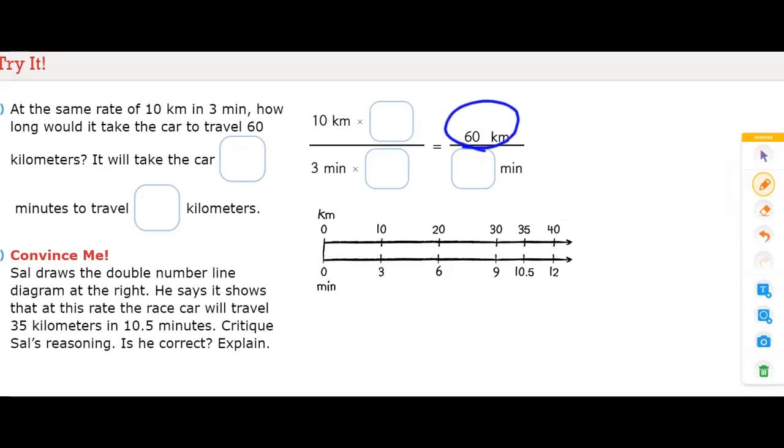So 10 times what equals 60? 6. So we have to do the same thing here. 3 times 6. And 3 times 6 is 18. So it will take the car 18 minutes to travel 60 kilometers.